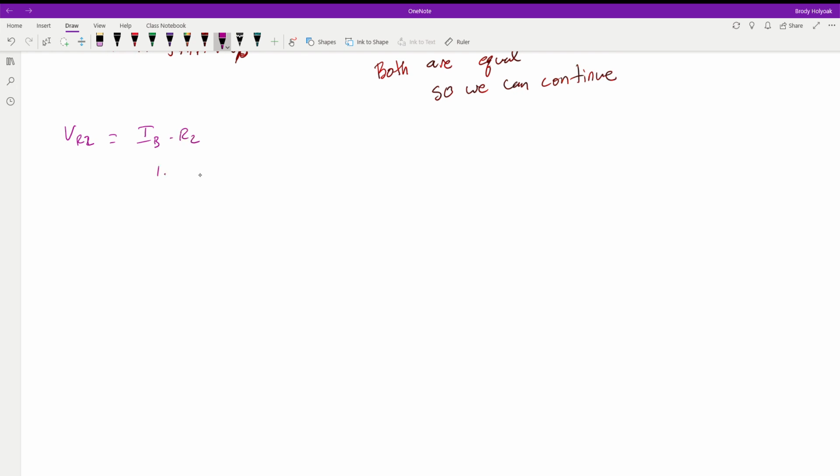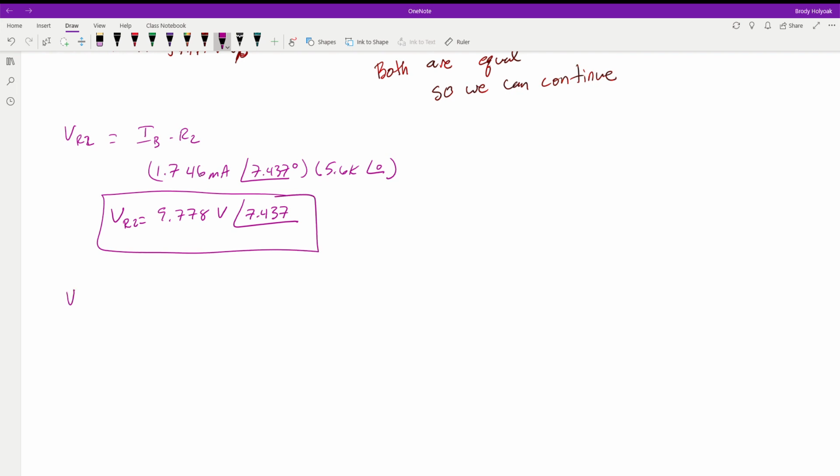So we have 1.746 milliamps at an angle of 7.437 degrees, multiplied by the value of R2, which is 5.6 K at an angle of 0. The voltage drop across R2 is going to be equal to 9.778 volts at an angle of 7.437.